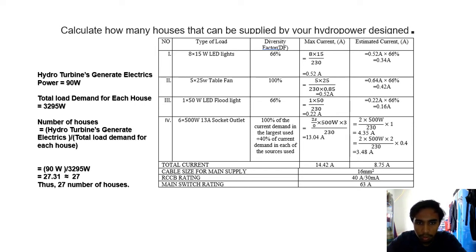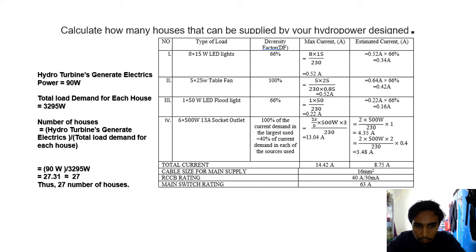For the total max current, we get 40.42 ampere, while for the estimated current, we get a total of 8.75 ampere.